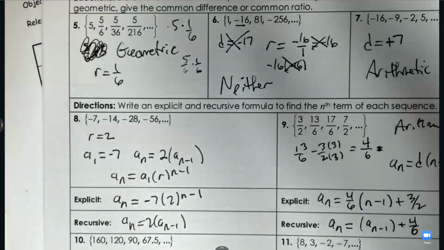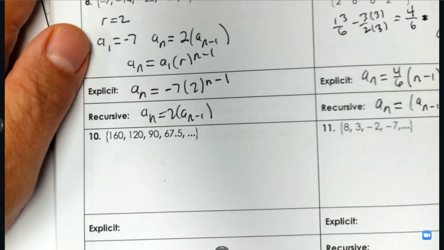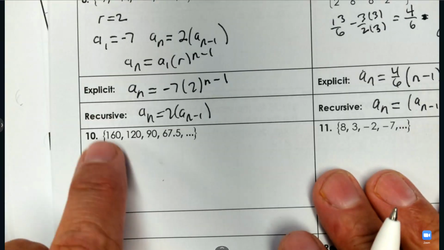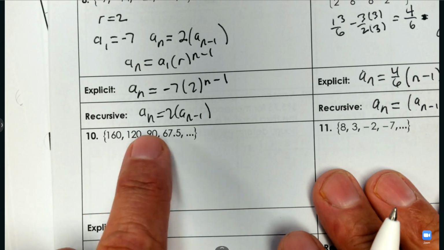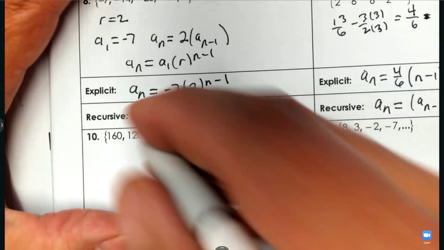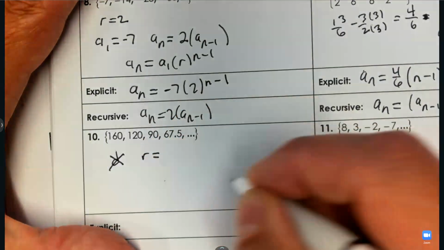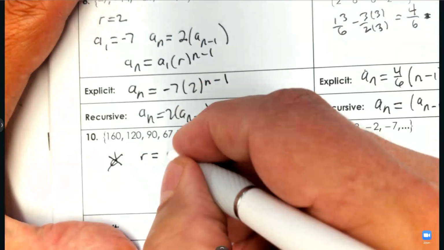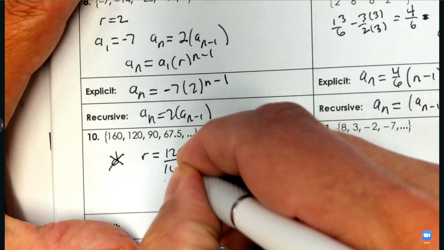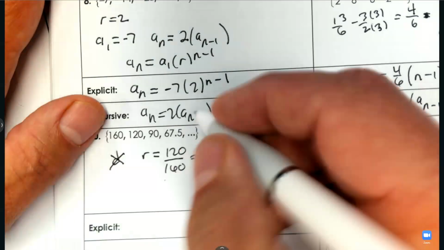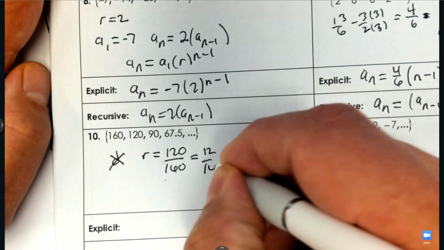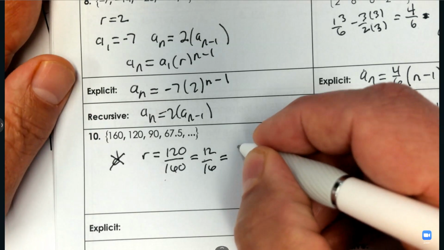All right, number 10. What's the pattern? As I look, I'm going down by 40, then down by 30. It's not arithmetic. It is a common ratio. I can take any two numbers. So if I take 120 over 160, I could divide by 10. I could also divide by 4 just to reduce it down.